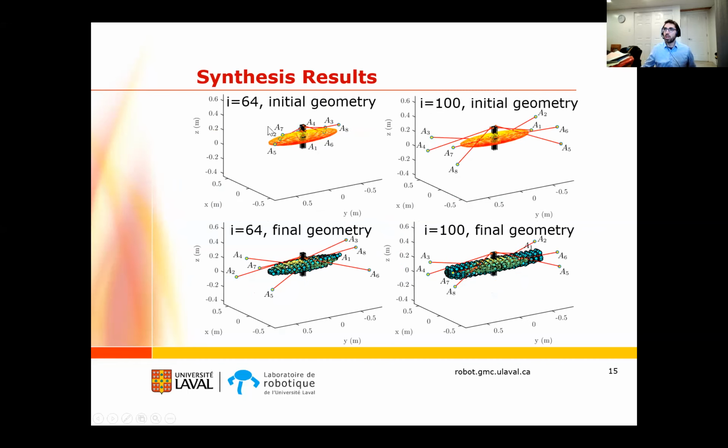So that's the initial geometry for trial 64 and the final geometry for the cable robot. You see that it automatically puts the fixed points as far away as possible given the constraints. And it also moves the attachment points on the end effector. They're quite different in the final geometry from the initial geometry.